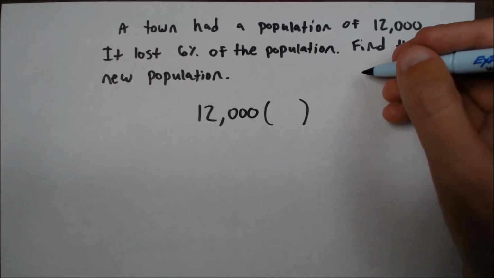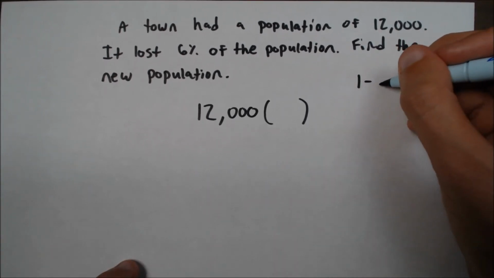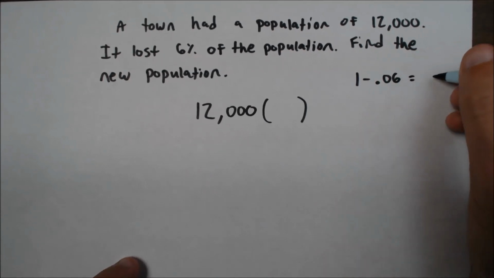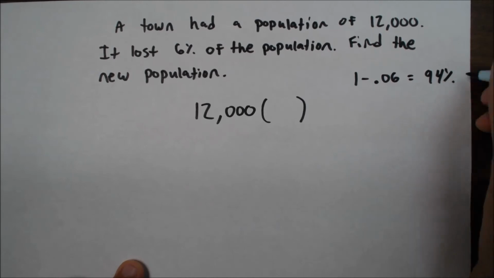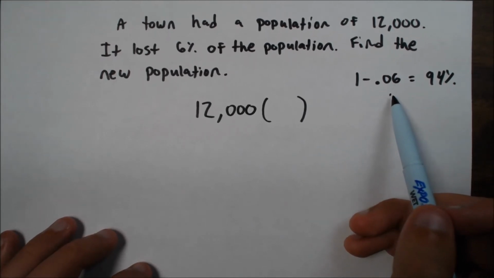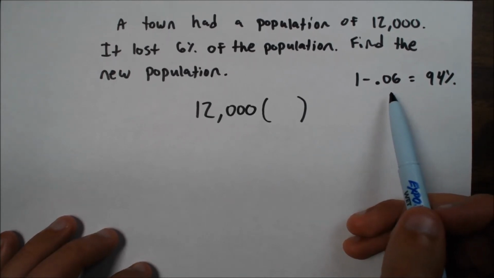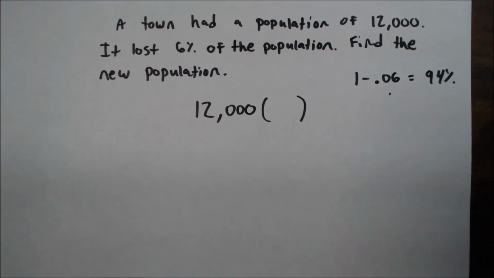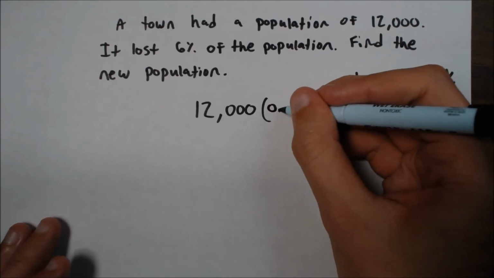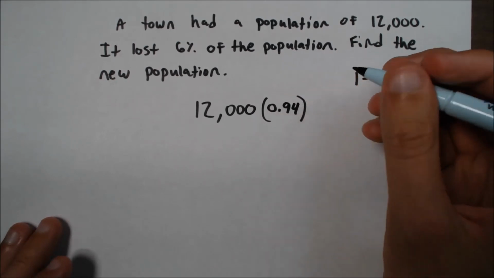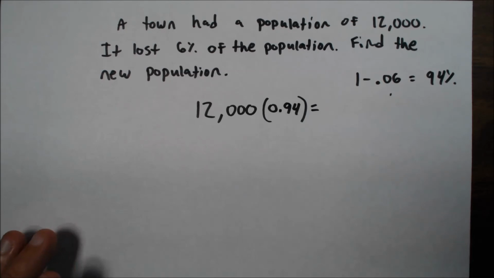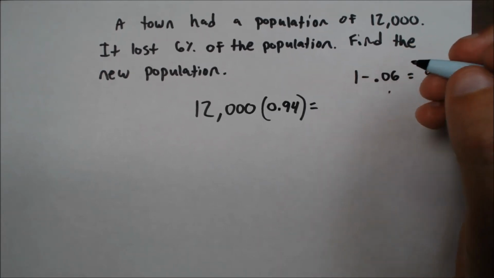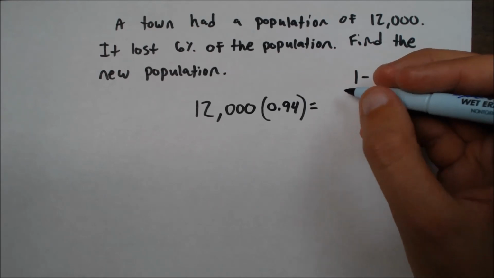So in other words, you have 1 minus 0.06, which is 6%. That is 94%. So if the town loses 6% of its population, what it actually has left is 94%. So what we're finding is, what is 94% of that original population? So I multiply by 0.94. And that comes out to 11,280.